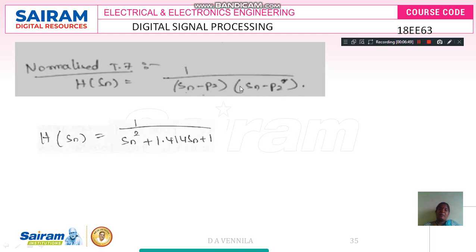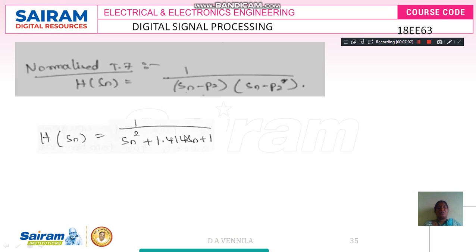If you simplify this equation, you will get the normalized transfer function. This is the normalized transfer function for the analog filter for order n equal to 2.